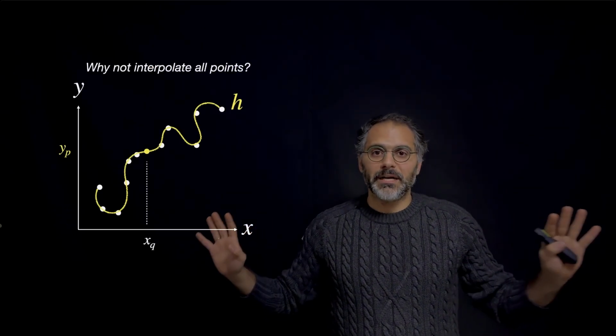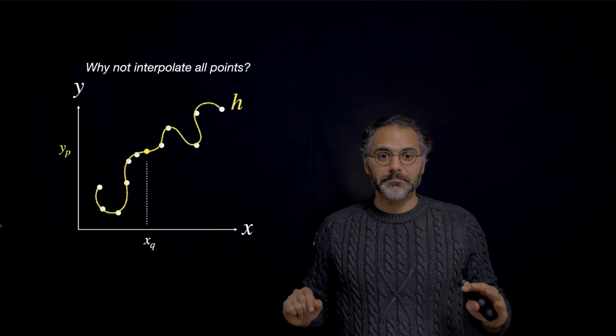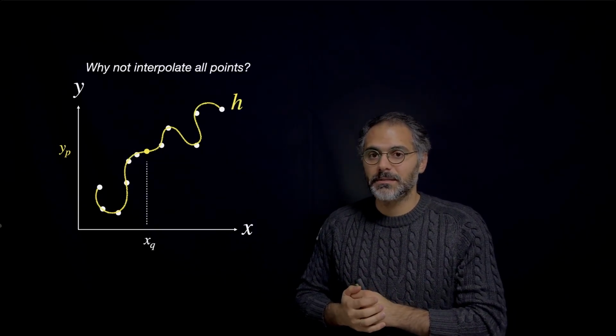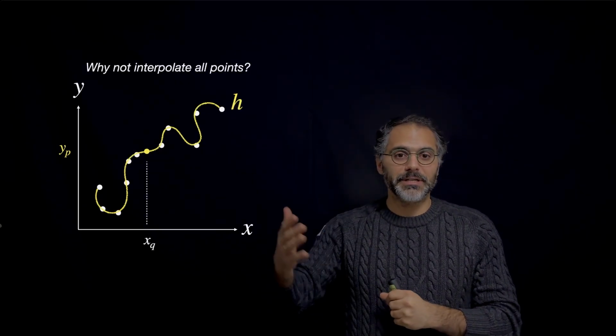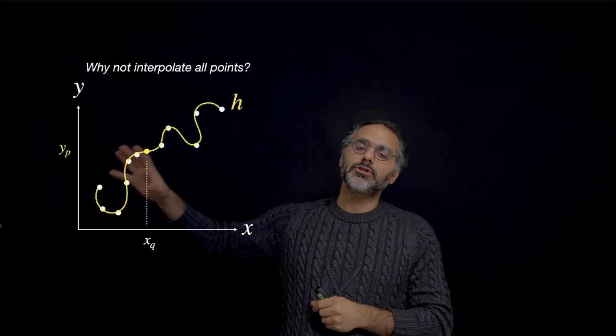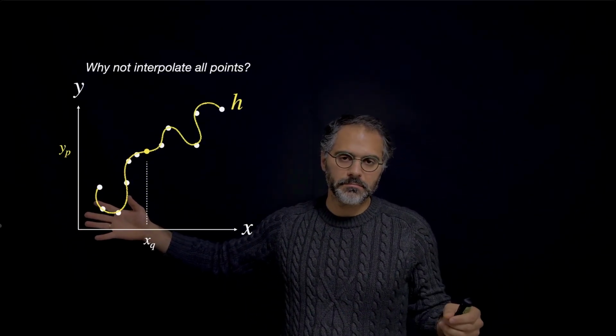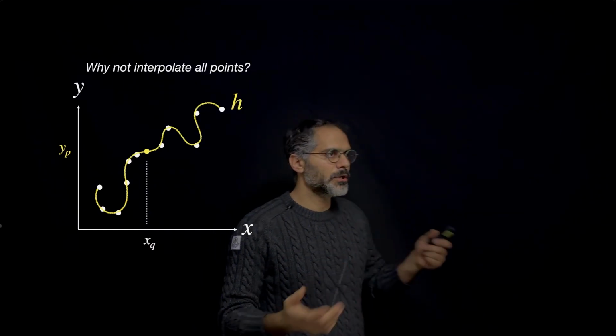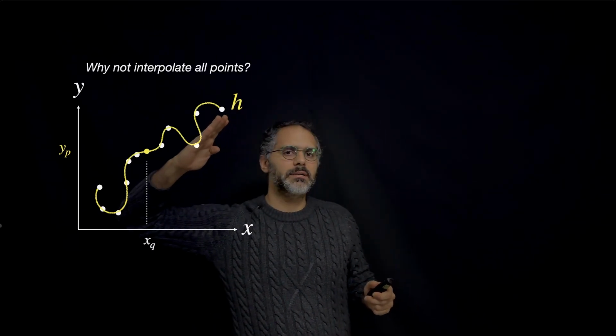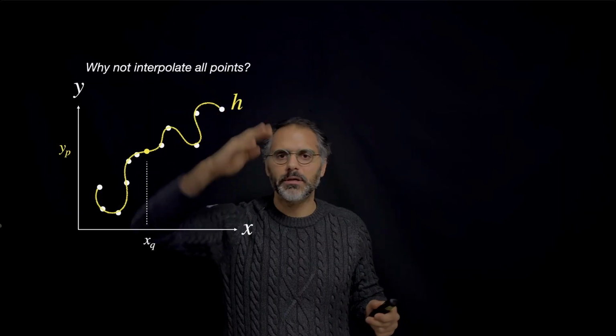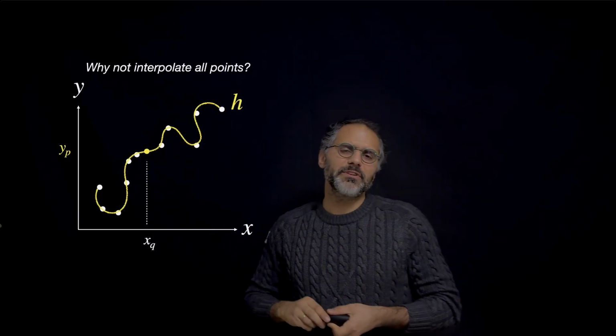Now, before I conclude, I want you to think about something when this video ends, before the next lecture. The question is, why not interpolate all the points? So you've defined a loss function, and we've assumed that it's a line, and we thought that, okay, a line fits it really well, but we've assumed it's a line.